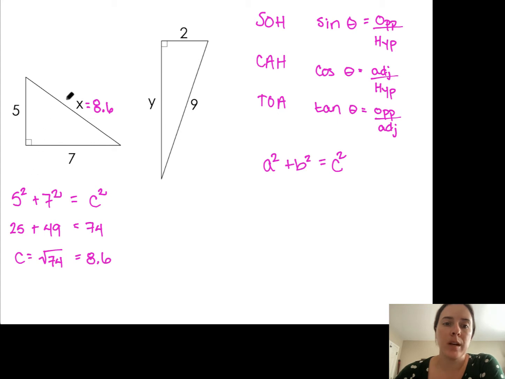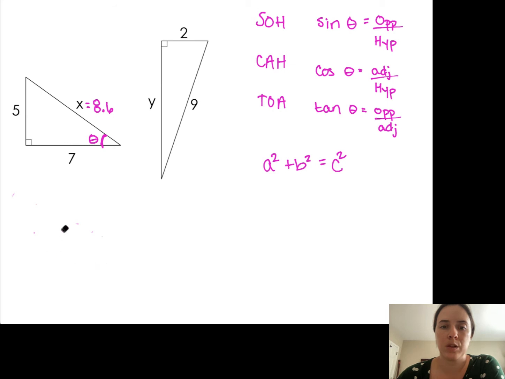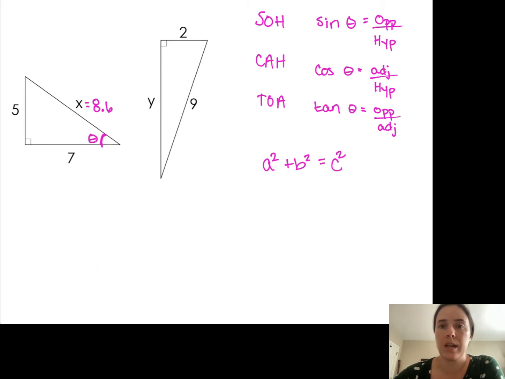Okay, so now that we know that, we can actually go figure out what all of these different angles are as well. So let's look at this angle first. Let's call this one theta. So now that we know all three of our sides, we can actually use any of our trigonometric ratios to figure out what theta is.